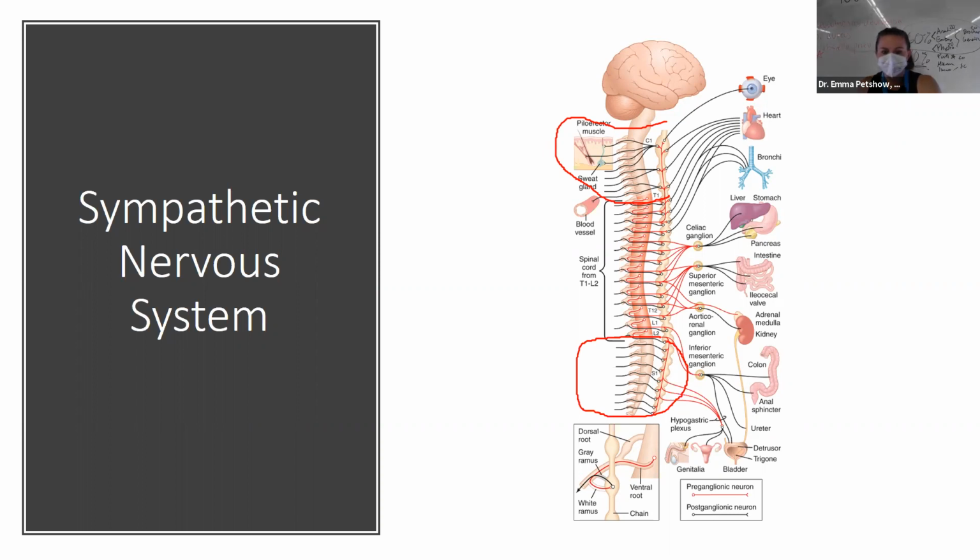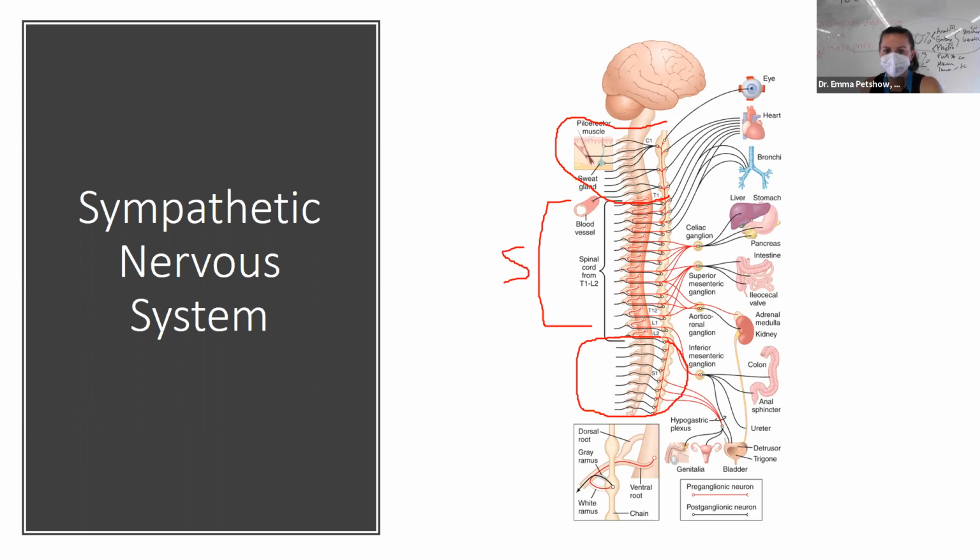And then we have our sympathetic ganglia here in the middle from our thoracic and lumbar regions, which is going to go to the celiac ganglia, the superior mesenteric, aortorenal, and our inferior mesenteric, which are going to hit stomach and pancreas and intestines, et cetera.